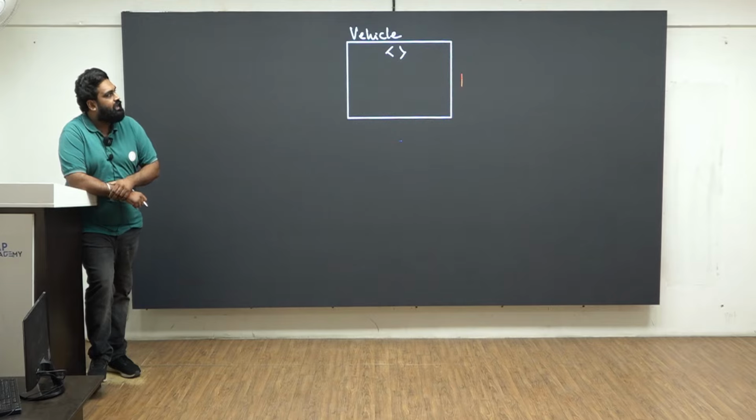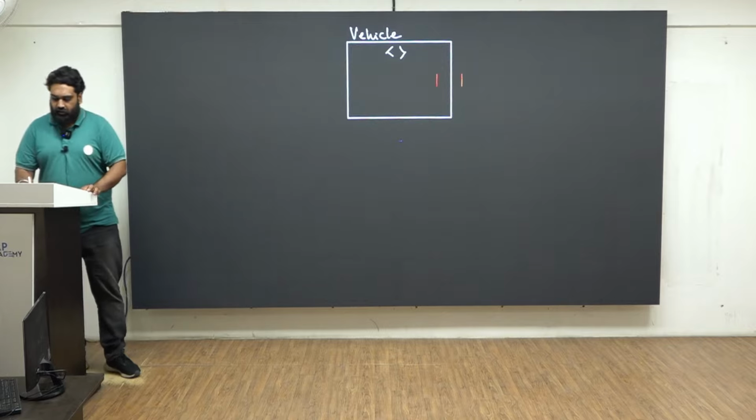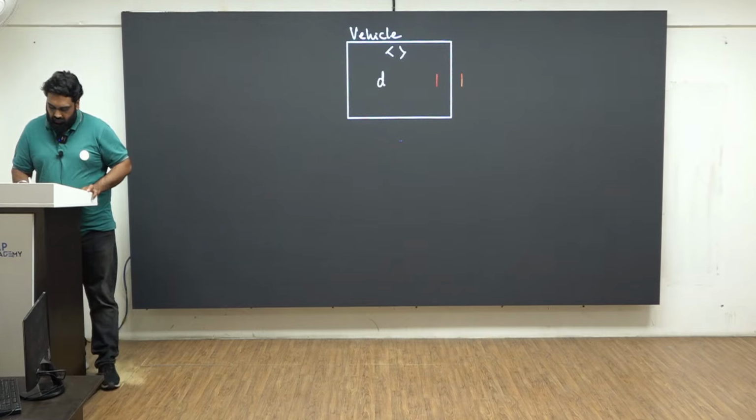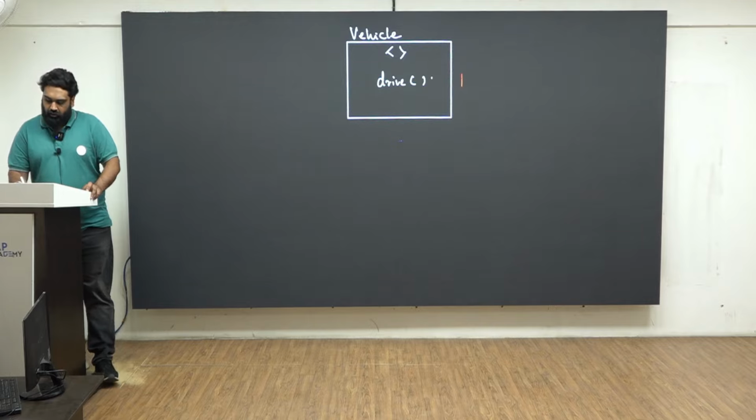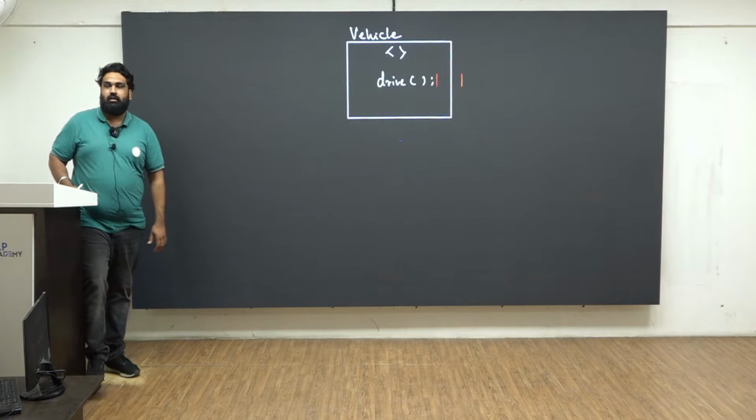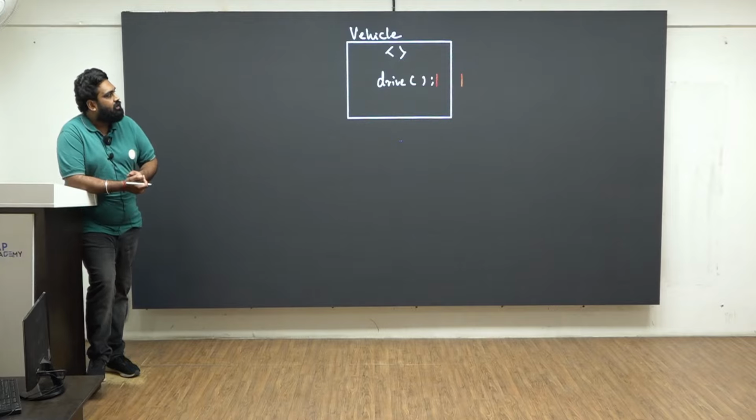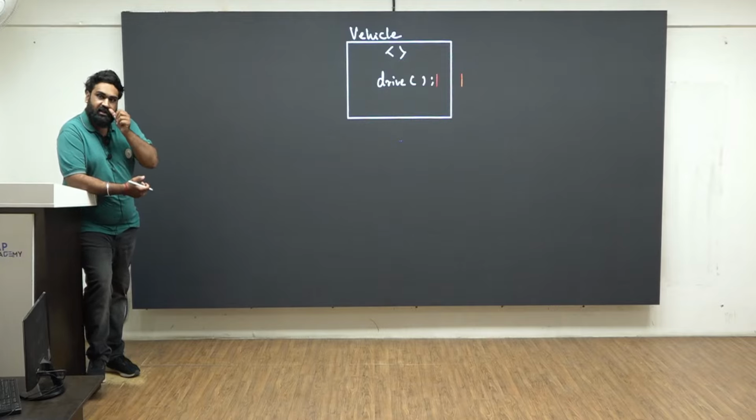Sir, what is there inside this interface called vehicle? Maybe there is one method called the drive method. So what type of method is present inside an interface? A public abstract method.